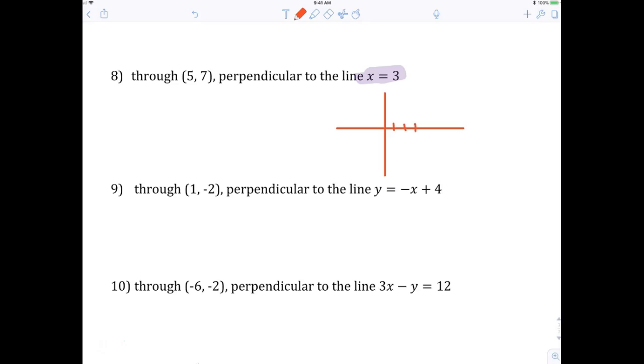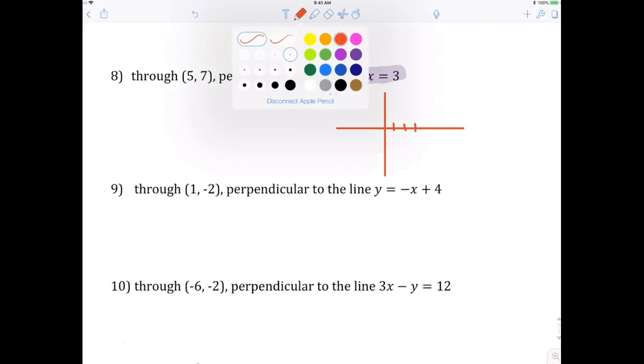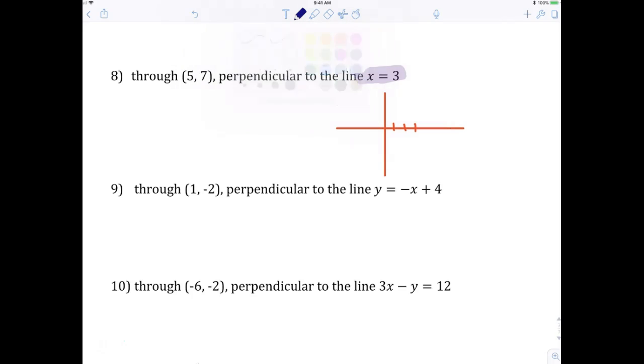What is it, x equals 3, Ben? No, everybody said horizontal. It's vertical. That's the graph of x equals 3. Do I agree with that?